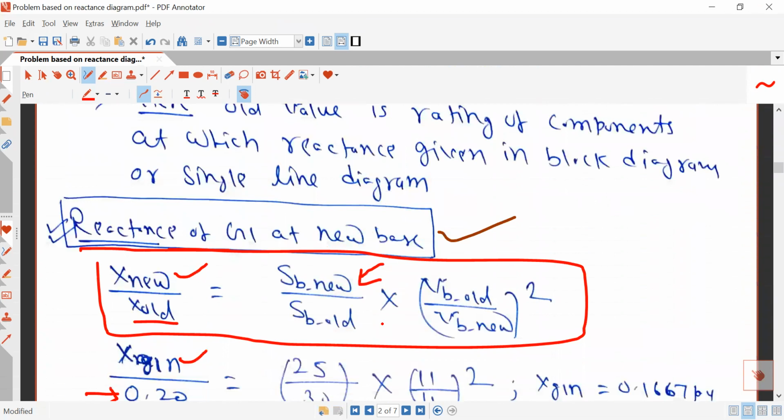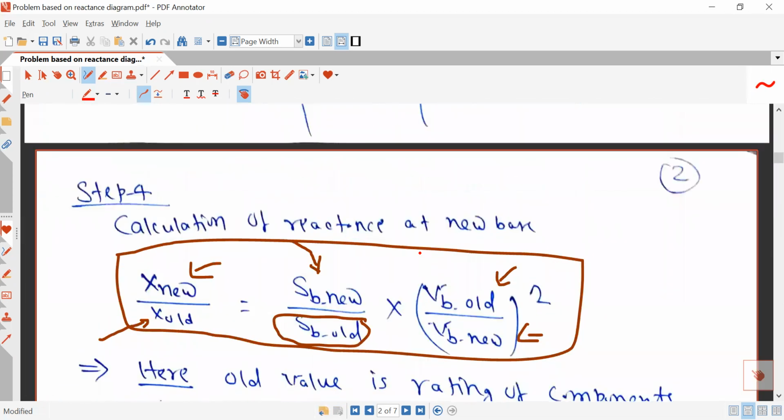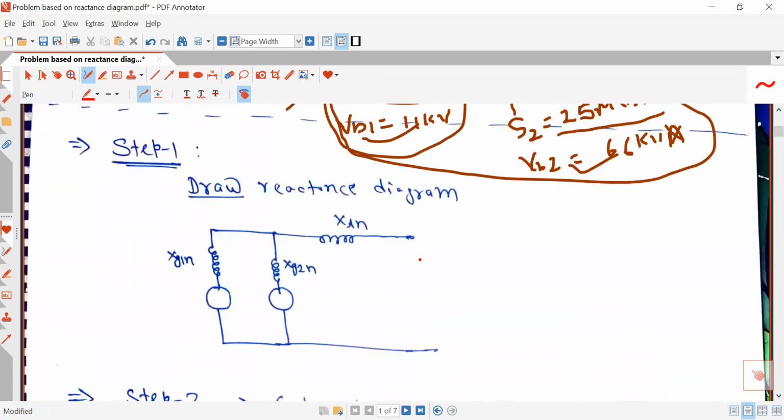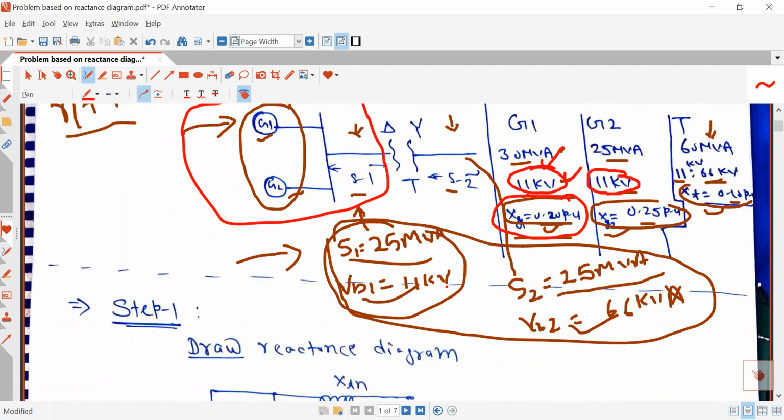So SB new is 25 MVA, and the G1 rating is given. Old value means the rating of G1 is 30 MVA. The old base voltage means the rating of the generator, which is 11 kV. You can check here, this is VB old for generator 1. VB old for generator 2 will also be 11 kV.